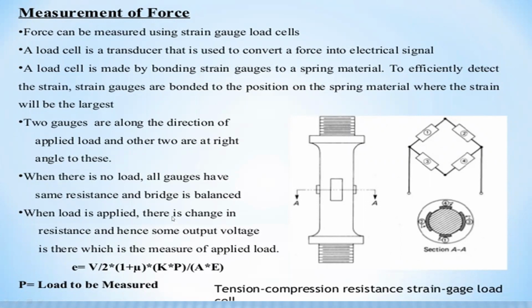Whenever we apply force on the strain gauge, the resistance changes, and the voltage also changes in that transducer. Based upon this condition, E is equal to V by 2 into 1 plus mu into K into P by A into E, we can measure the applied load. Here P is the load to be measured.